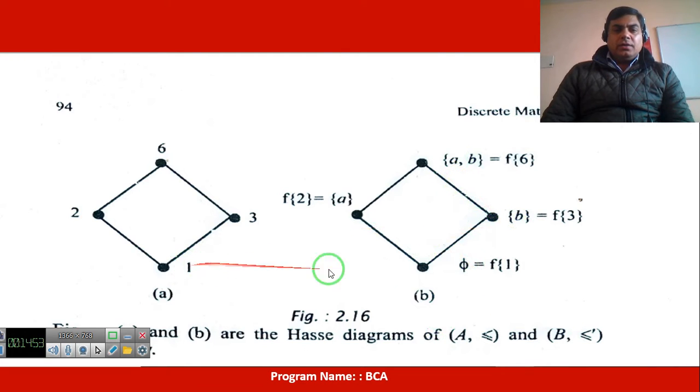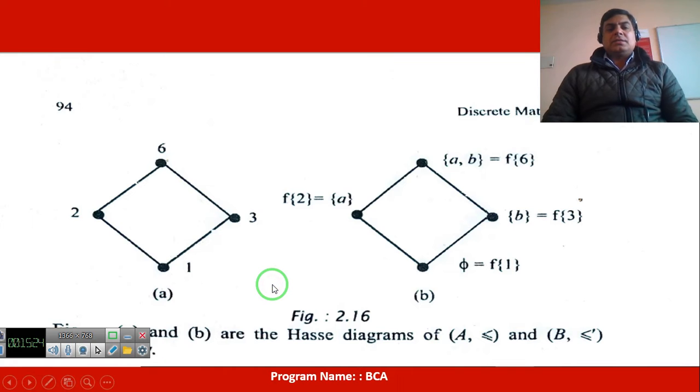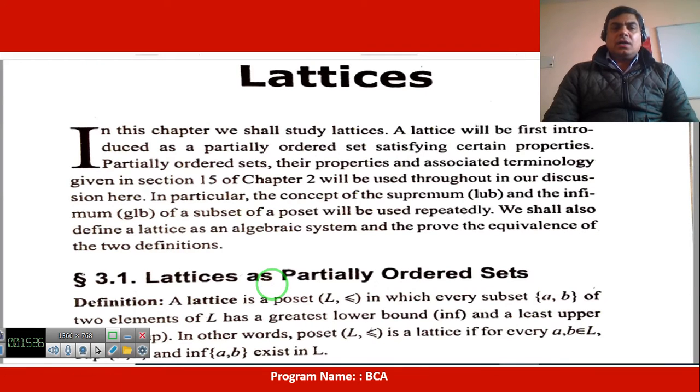So phi maps to 1, A is related to 2, B is related to 3, and AB is related to 6. Means that B has 3 and 2, A has 2. So A and B make AB. So 2 and 3 make 6. So AB makes 6. So they are comparable elements with a one-to-one mapping. So they are isomorphic.